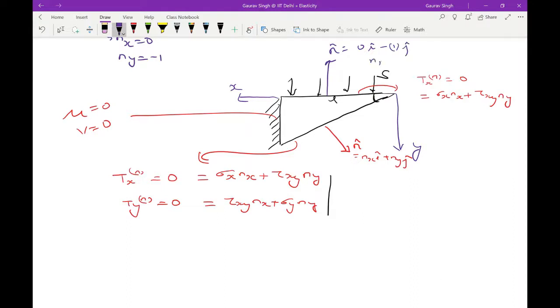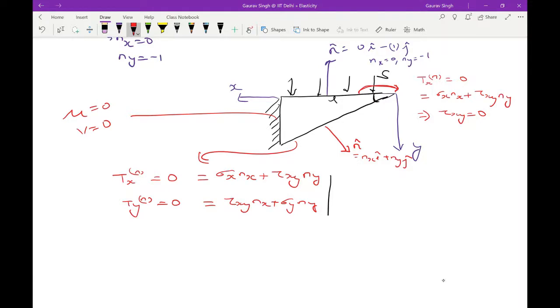So nx should be 0, ny should be minus 1. Okay, so once we substitute this over here, you would have tau xy is equal to 0 for this phase.